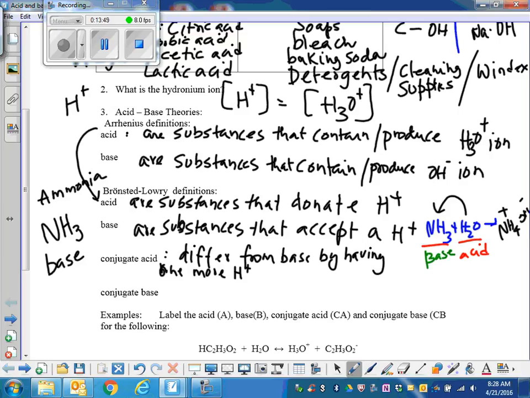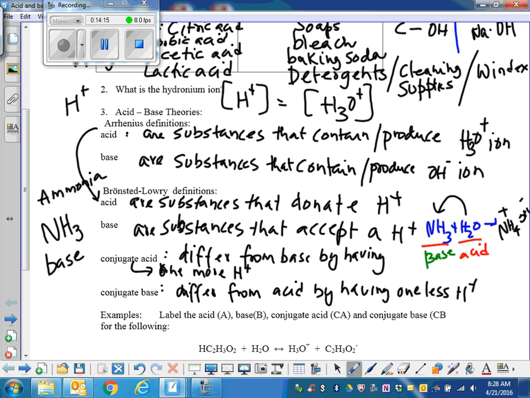So the conjugate acid will have one more hydrogen plus. All right? Conjugate base differs from the acid by having one less hydrogen plus. Okay?